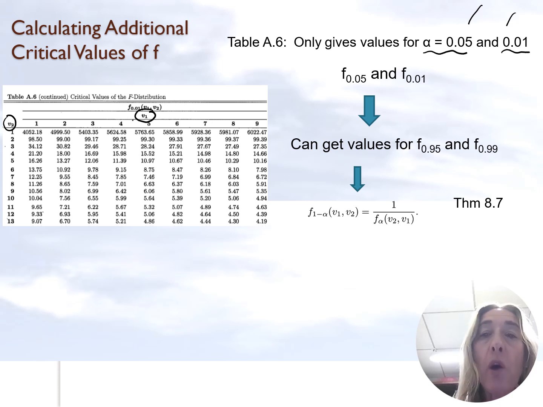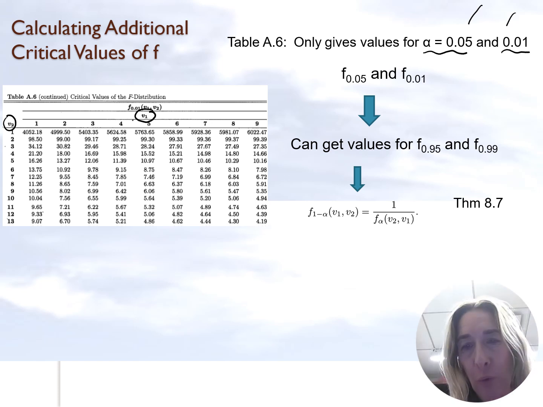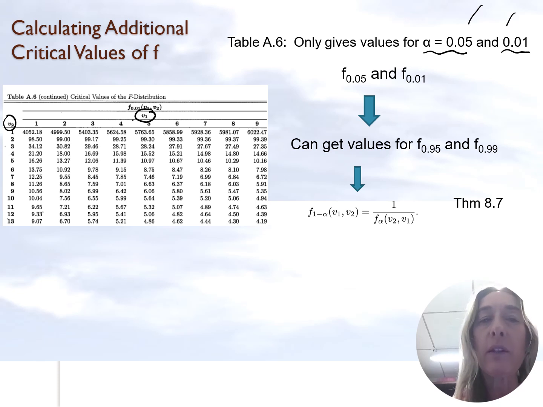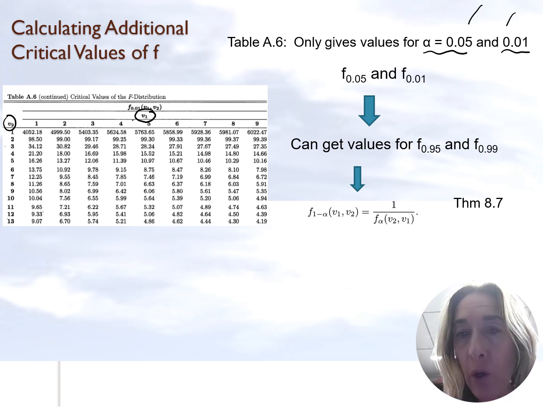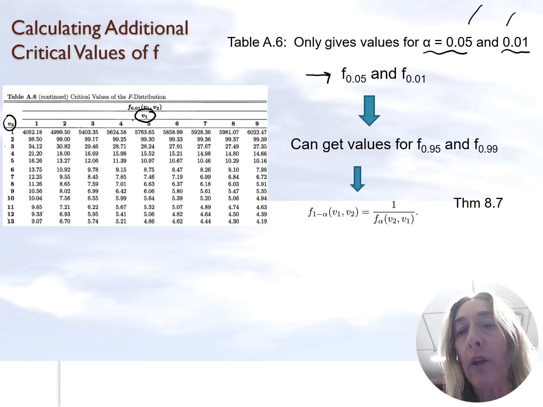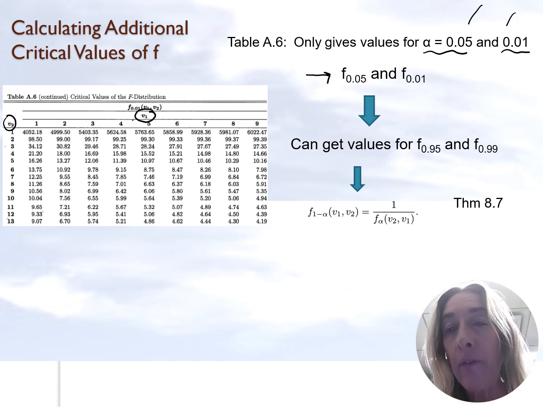Okay, so in reality, generally, we allow software to calculate probabilities associated with the F distribution. However, it still is good to be able to use the F table and have an understanding of it. In terms of directly reading critical values of F out of these tables, you can only directly read critical values for F sub 0.05 and F sub 0.01.